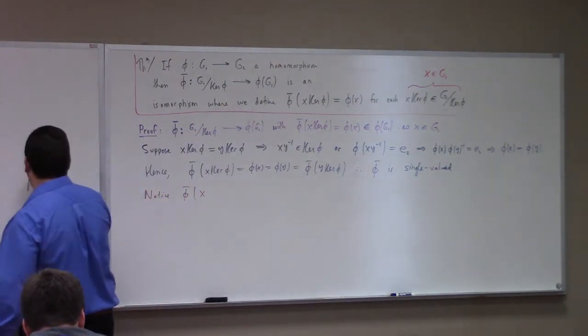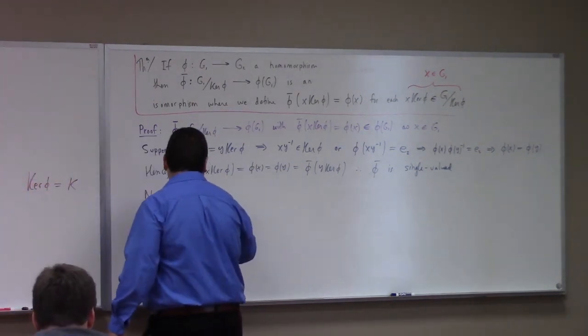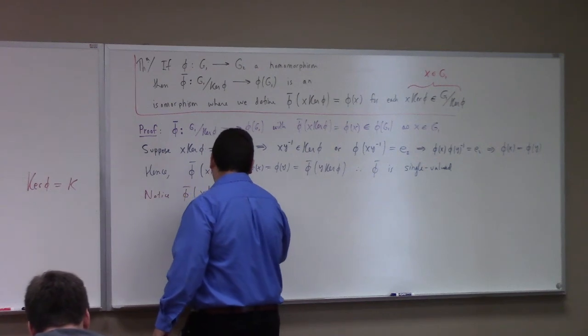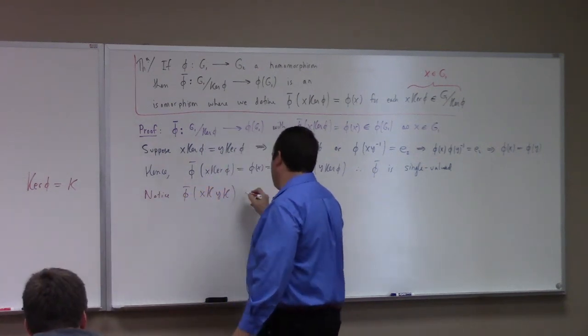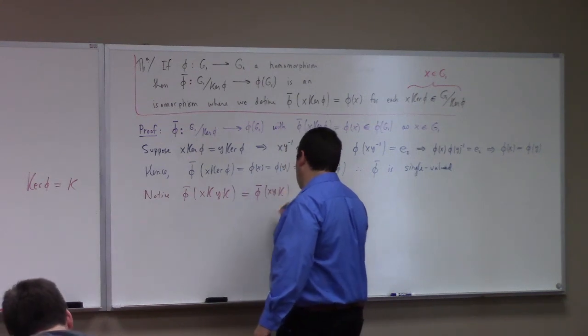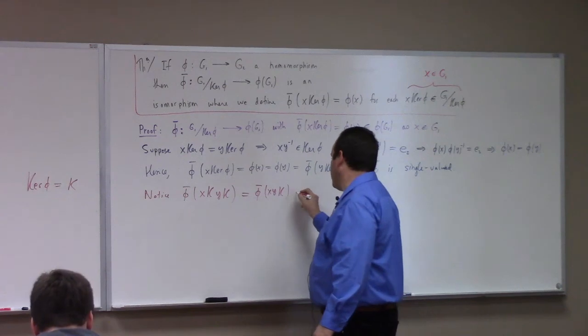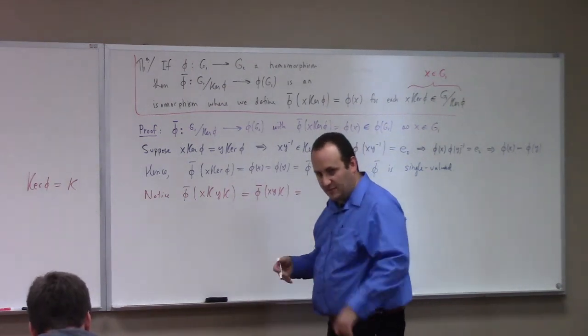Kernel phi equals K. All right, xK times yK is equal to, of course, phi bar of xyK by the definition of the coset multiplication, which we proved made sense in previous lectures.